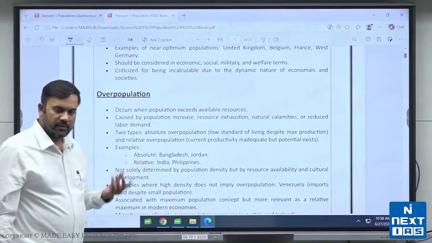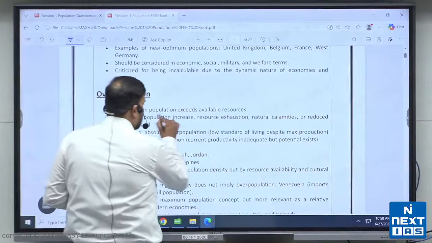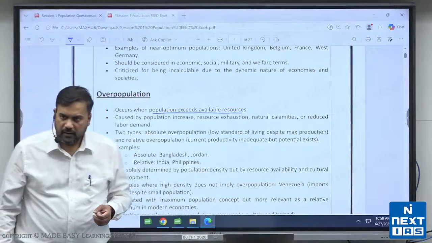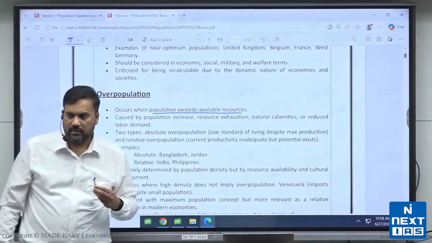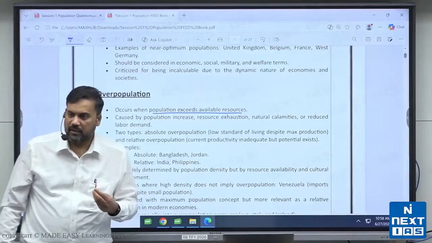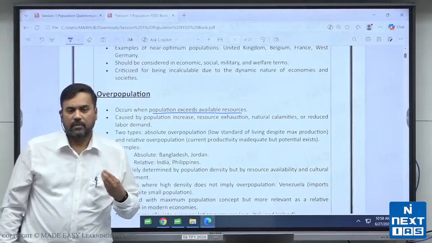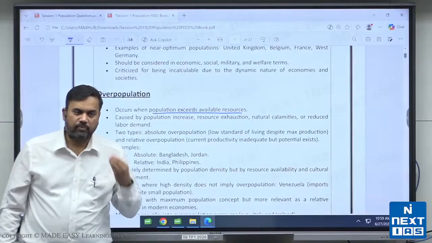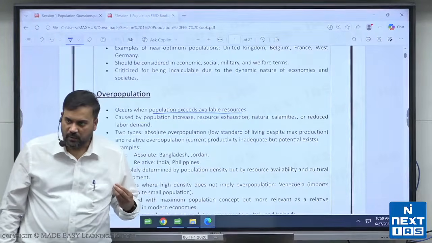What is overpopulation? In simple terms, it occurs when population exceeds available resources. And in another simple way, overpopulation is a situation when resource development is unable to keep pace with population growth.